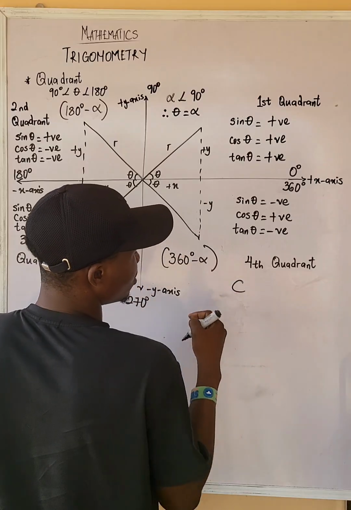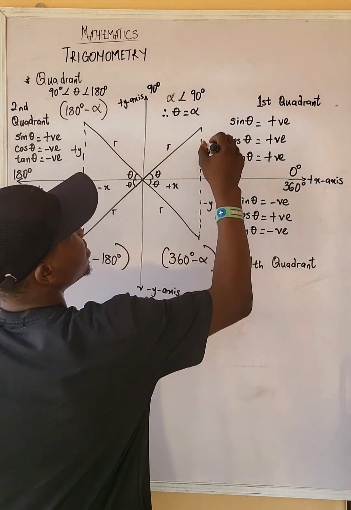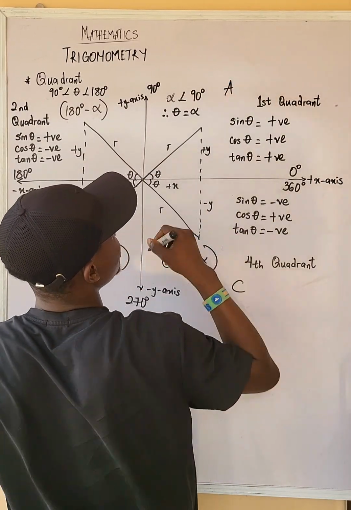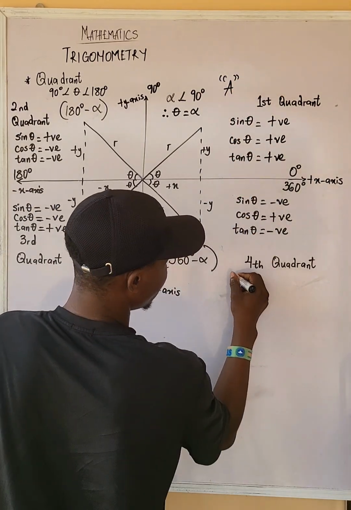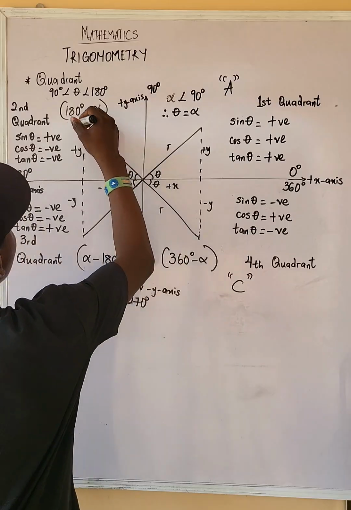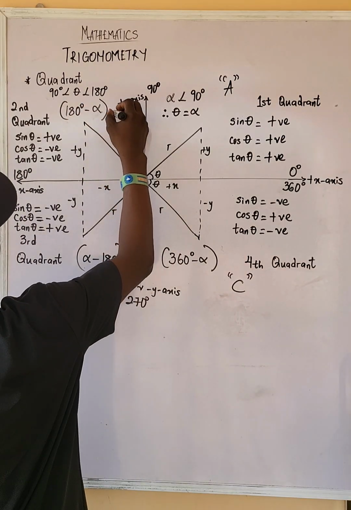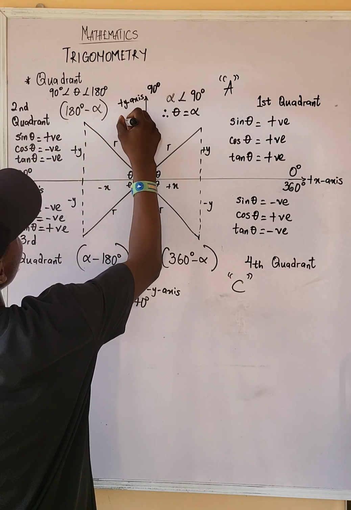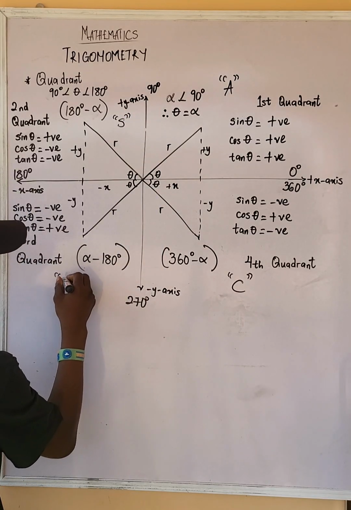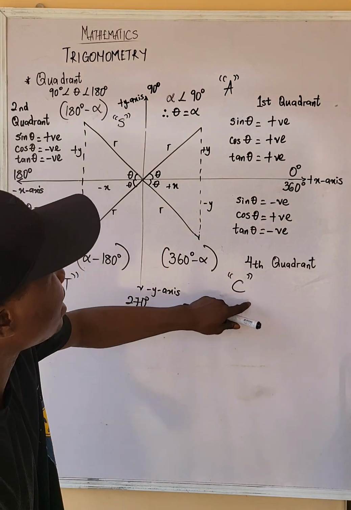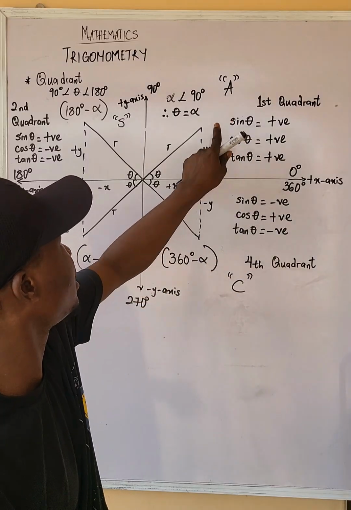So only cos is positive in the fourth quadrant. In the first quadrant, all are positive. In the second, it's only sin that is positive, and in the third, only tan. You get? So is it that you know it as CAST, C-A-S-T?